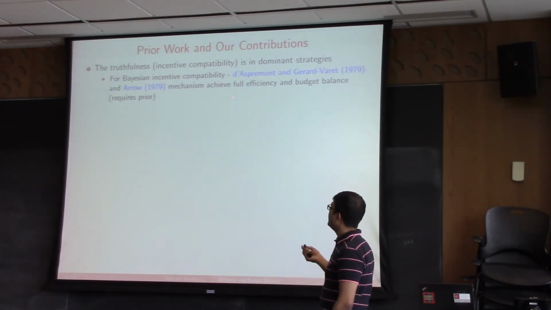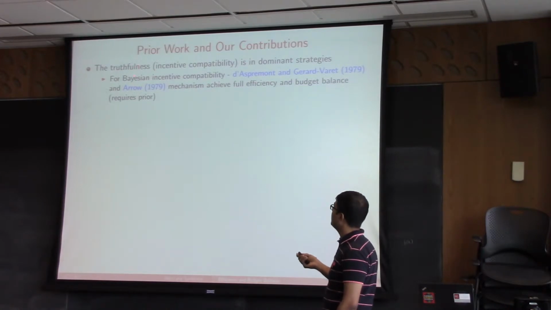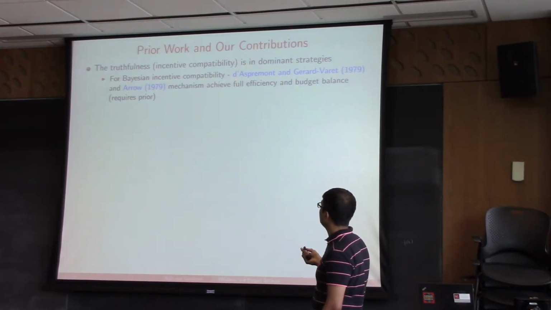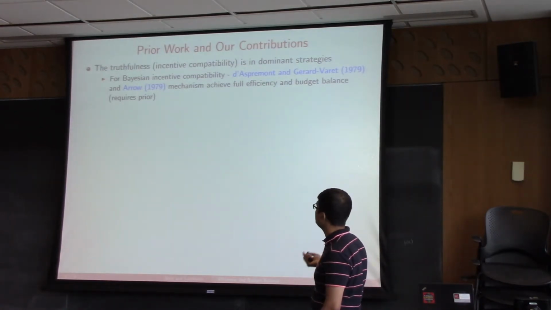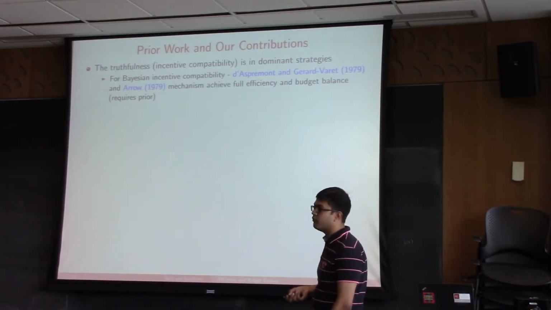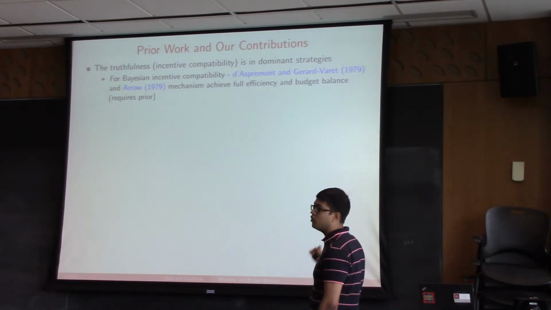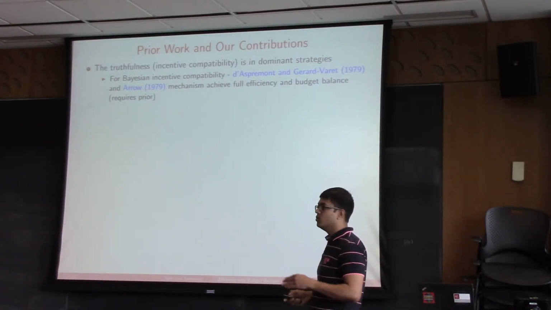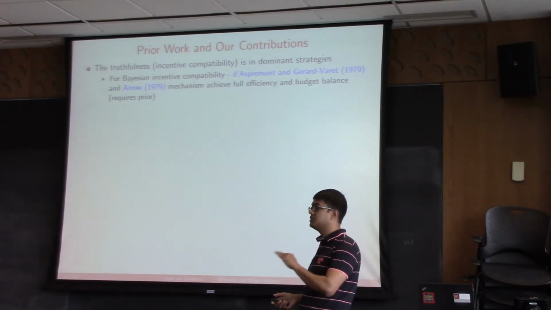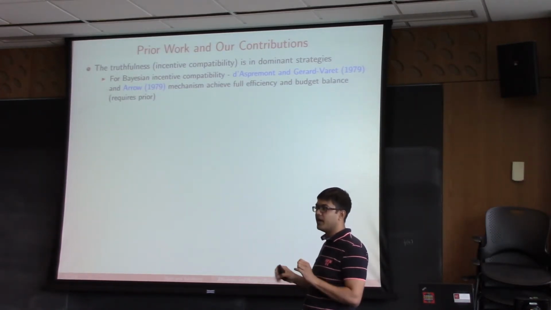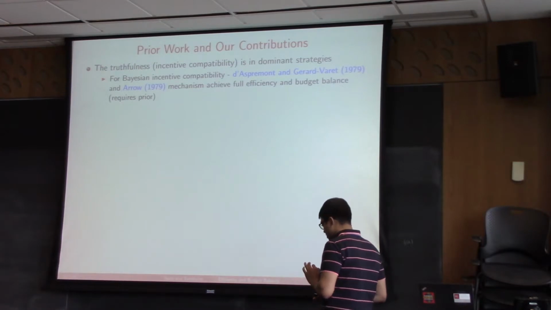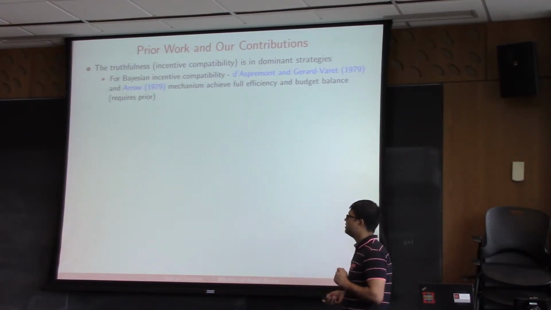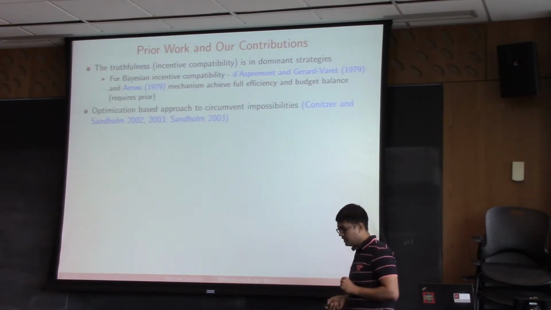If you allow that weakness in the definition of truthfulness, then there is a mechanism named after these people, dAGVA, which achieves full expected efficiency and is also budget balanced, but it requires knowledge of the prior, a consistent prior. Everybody agrees on that prior beforehand. So this is one way of getting around the impossibility result of Green and Laffont.